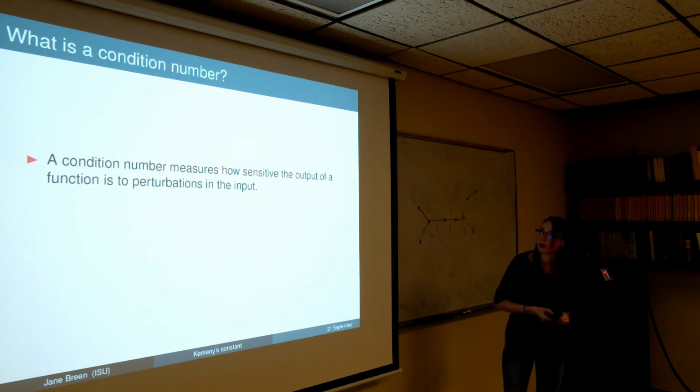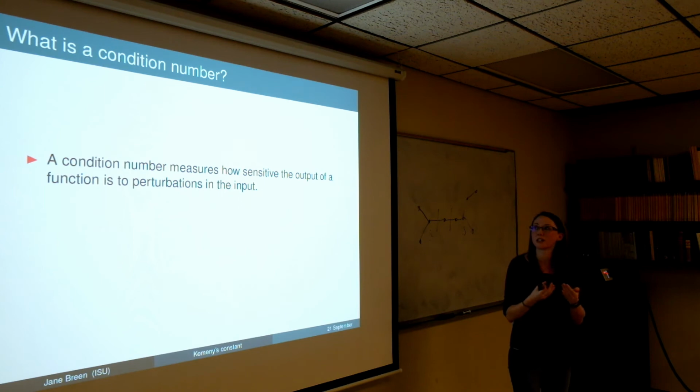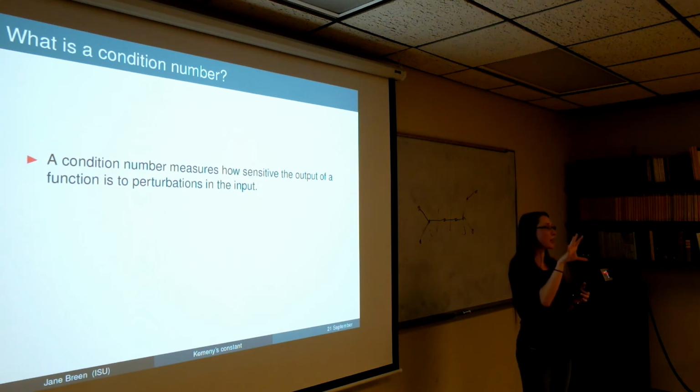conditioning. A condition number measures how sensitive the output of a function is to perturbations in the input. So the idea is that I want to get my transition matrix T and calculate Kemeny's constant for it. But whenever I put my transition matrix T into whatever software I'm using, it's not really the real transition matrix.